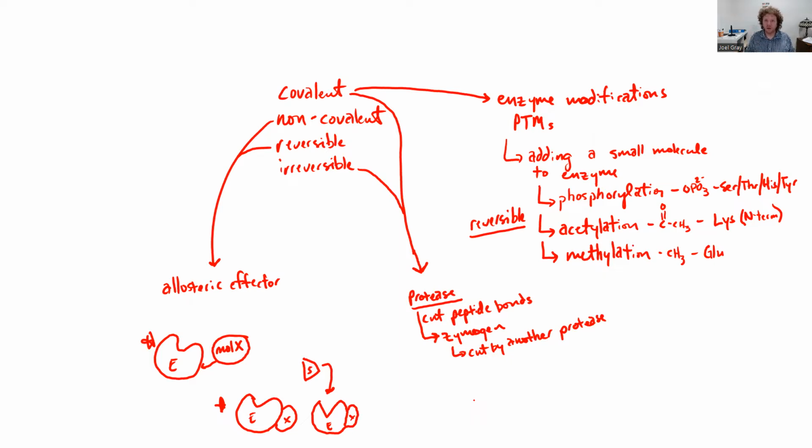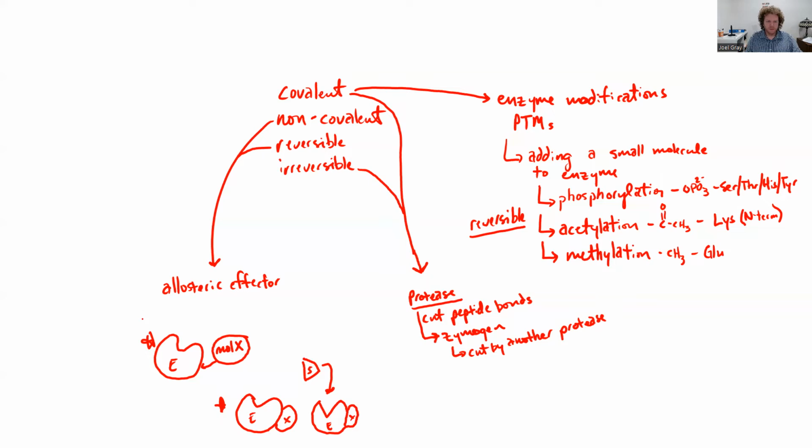Phosphorylation, acetylation, and methylation are all examples of reversible covalent modifications. Then anything that non-covalently interacts and causes your enzyme to either stay in one shape or contort itself to make a different shape, that's known as an allosteric effector or an allosteric regulator.